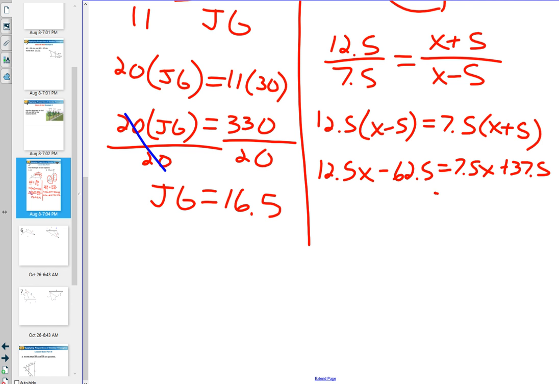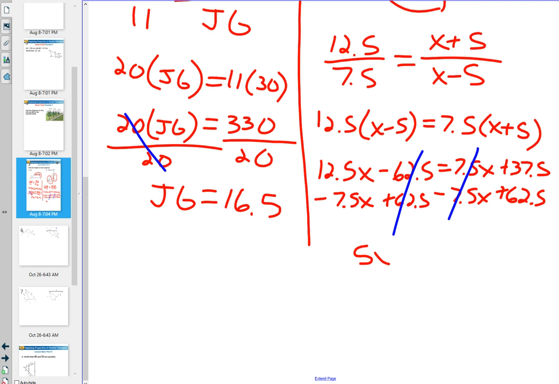All right, x's together: minus 7.5x, minus 7.5x, plus 62.5, plus 62.5. The x's on the right cancel, the 62.5's cancel. I've lined up my like terms. 5x is equal to 100. x is 20. And that's all.